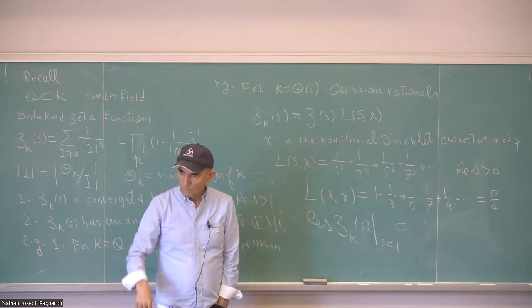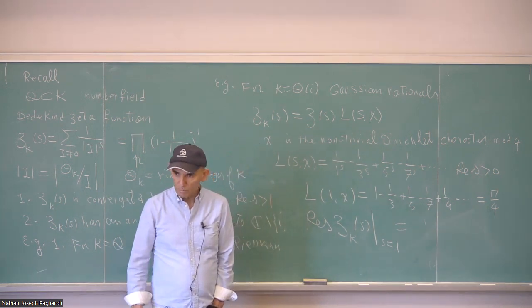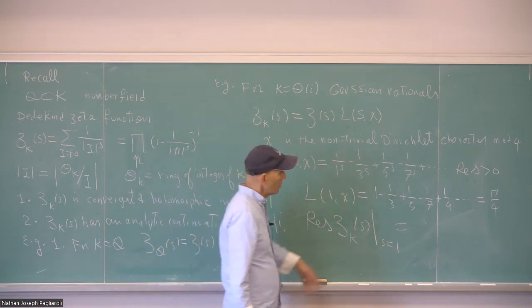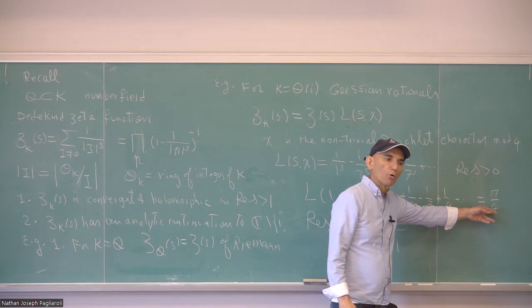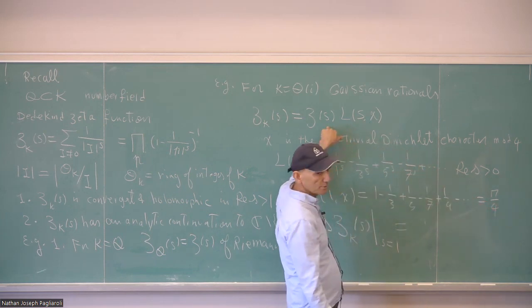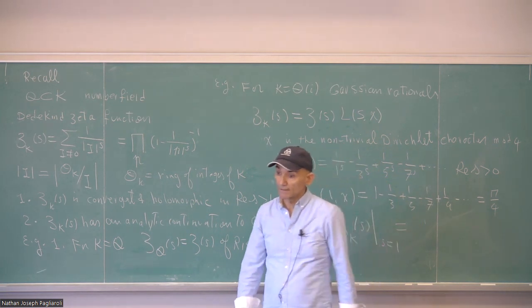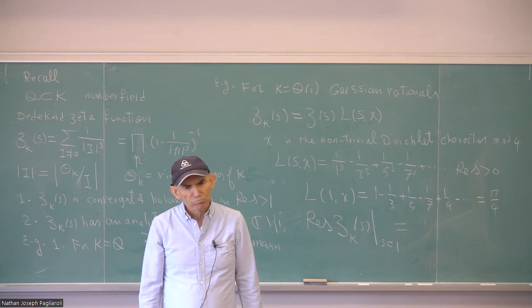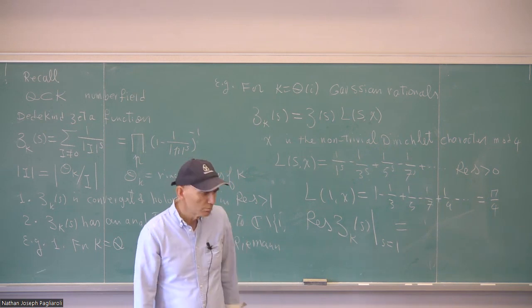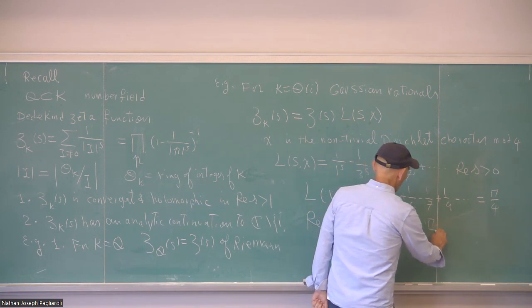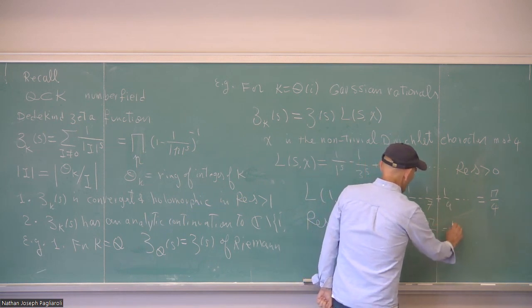Residue of zeta times pi over 4. Exactly, yeah. So this is holomorphic, nice, pi over 4. So we just have to know the residue of zeta at s equal to 1. And of course, we know the residue of zeta at s equal to 1. What is it? It's 1. So 1 times pi over 4, which is pi over 4.